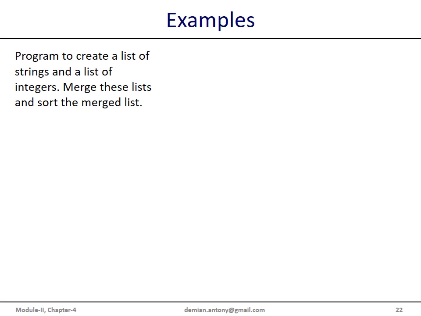As and when you read the strings and integers, put them in the respective lists, and then use a concatenation operator to merge these two lists, and finally apply the sort method to sort the merged list.